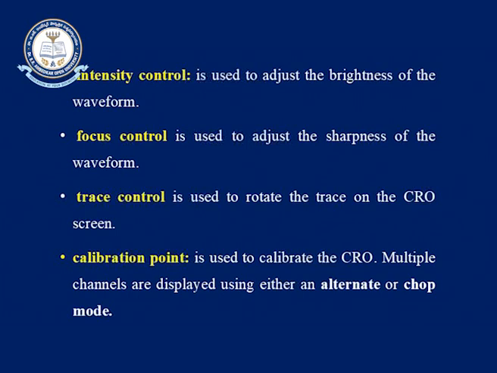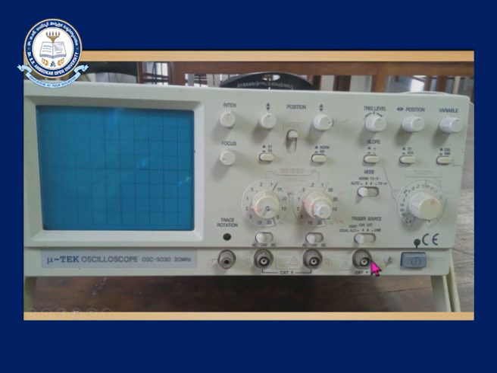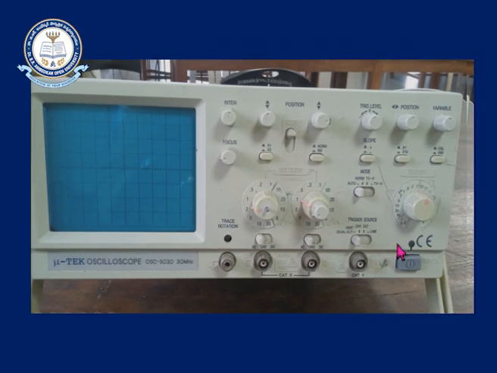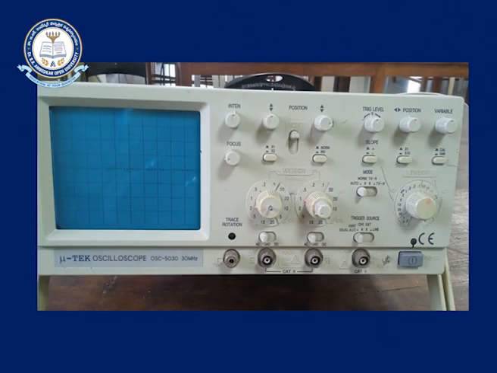Here it is also the same: multiple channel display, alternate or chop. Alternate and chop mean multiple channels: this is the CRO, with channel 1, channel 2 and channel 3 here etc. Whichever you are given, you change with these buttons. This is AC, automatic, and for this button you always select alternate automatic. Here once again, AC, ground, DC for this channel.